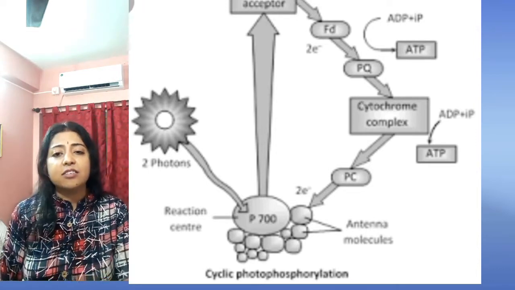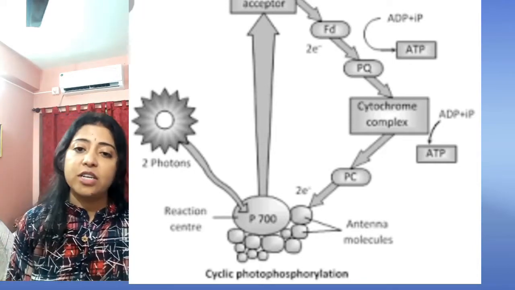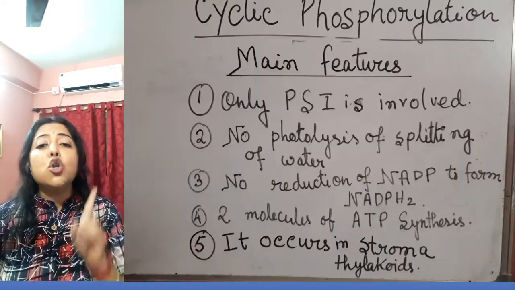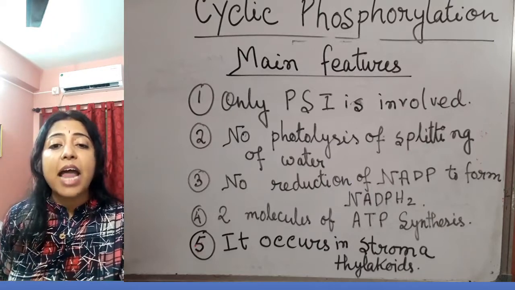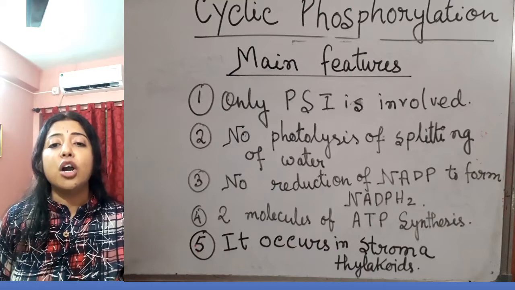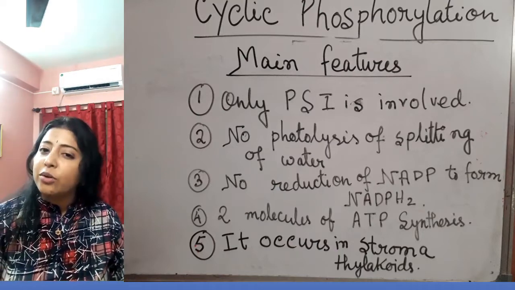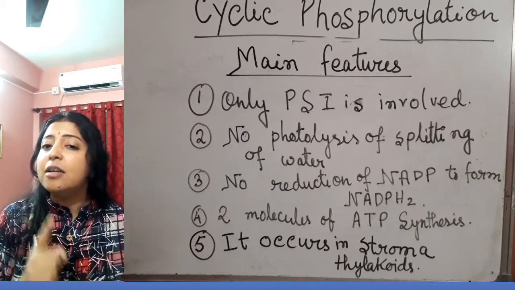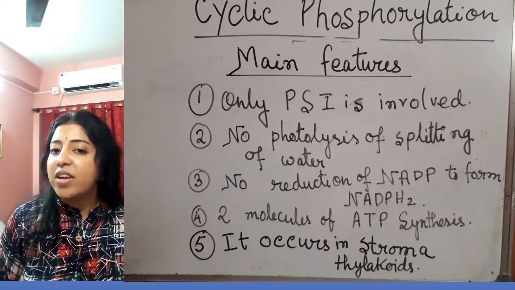And here some characteristic features are there, in cyclic photophosphorylation. No photolysis of water takes place. That means splitting of water will not be happening here. Second one is, here the PS1 system is involved where the wavelength will be 700 nm.